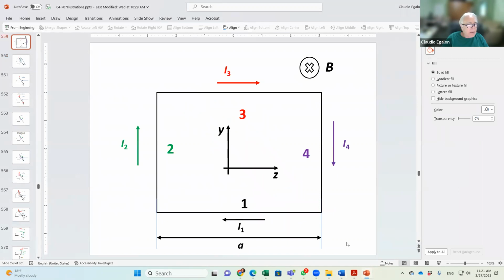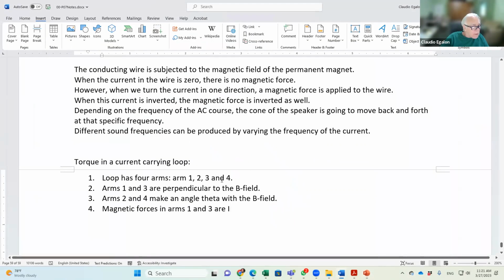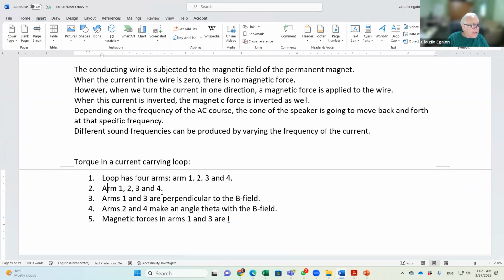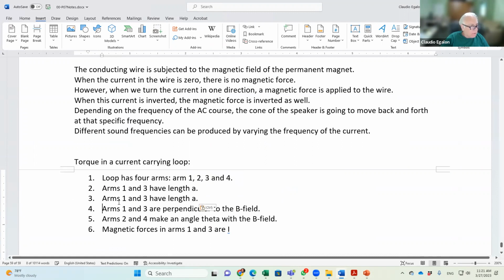Arm 1 is A, arm 2 is B. Arms 1 and 3 have lengths A. Arms 2 and 4 have length B. That's important, the length is important because the force depends on the length, right?